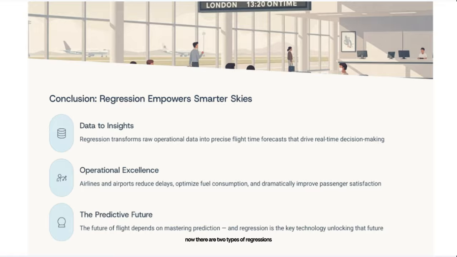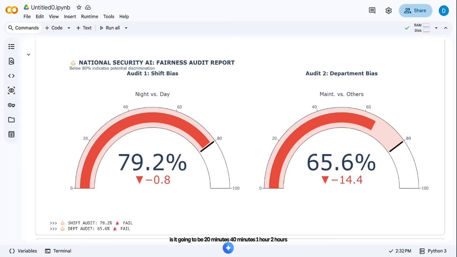Now there are two types of regression. One is simple linear regression. If you consider just one factor, like drinking or smoking, obviously it would have effects on the life expectancy outcome. In this case, we're studying drone flight time. How long can this drone fly? Is it going to be 20 minutes, 40 minutes, 1 hour, 2 hours, depending on different factors?